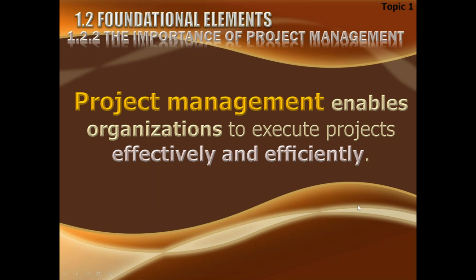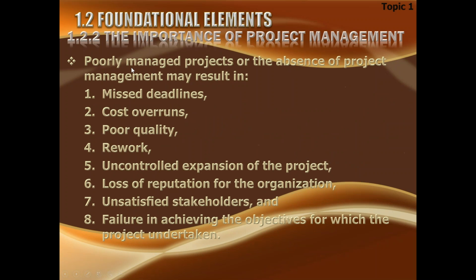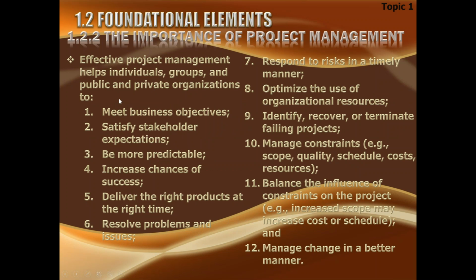Okay, next. Effective project management helps individuals, groups, and public and private organizations to meet business objectives. Effective means, as I said, whatever was supposed to be done, you have done it. So effective project management meets the business objectives, satisfies stakeholder expectations, and is more predictable.